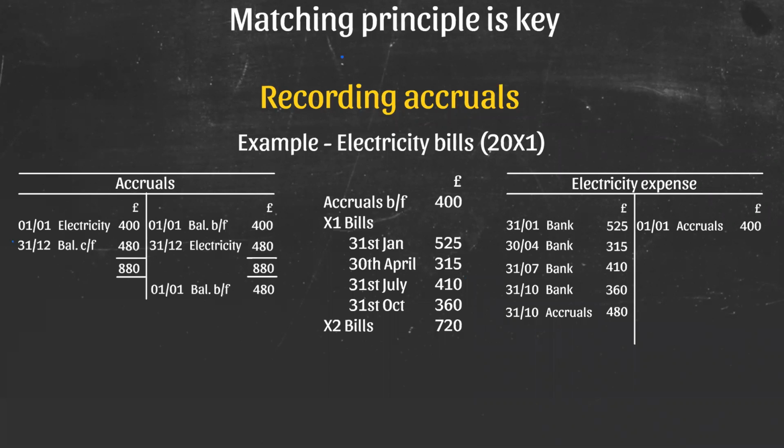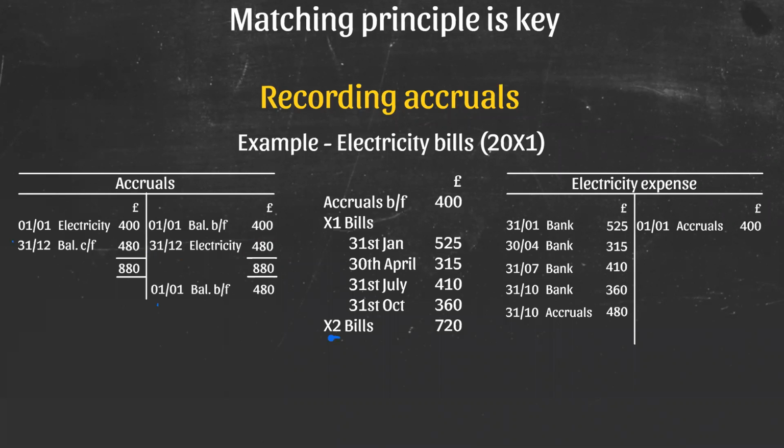And then the corresponding double entry would be to increase our accruals account by the same amount, okay? So essentially here we are recognizing an accrual of £480, which is of course a liability. And so we are increasing this liability account by 480. And it would then be this accrual which would be brought forward as our balance brought forward at the start of the X2 financial year.